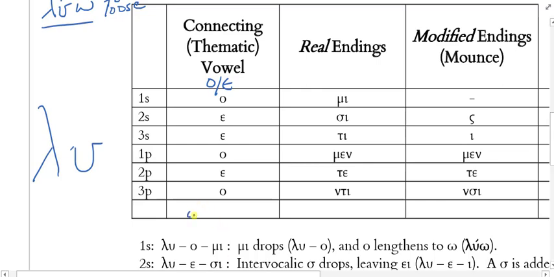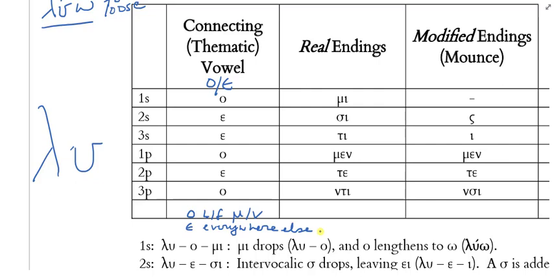You use omicron before mu or nu, and you use the connecting vowel epsilon everywhere else. Okay? Use omicron before a personal ending that begins with a mu or a nu. Use epsilon everywhere else.